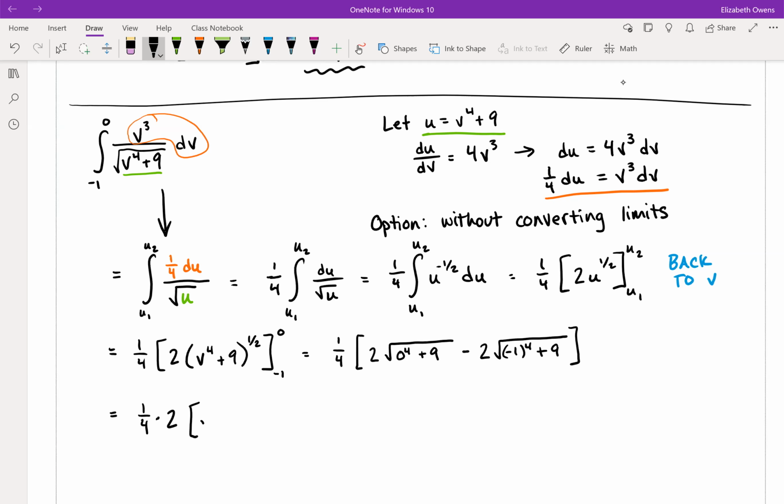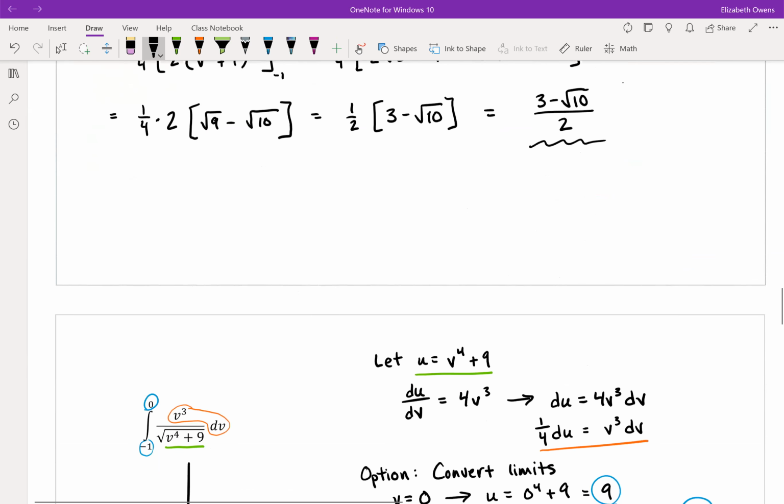And then we'll have our square root of 9 minus square root of 10. Okay, and so then we can even reduce the 2 over 4 right now, make that into 1/2. And then square root of 9 is 3 minus square root of 10. And then we'll have our answer right here, 3 minus the square root of 10 over 2.